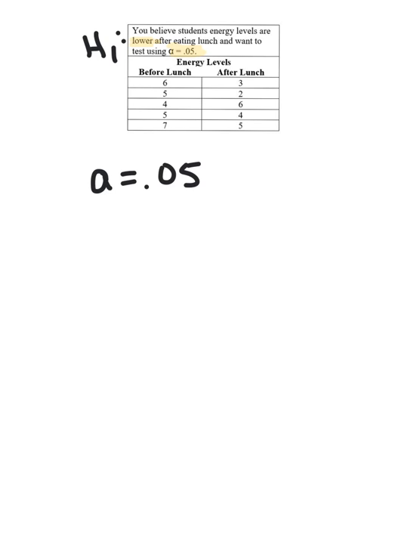Okay. Our critical value. Now, we're going to be using a different type of degrees of freedom. Yes, we have 2 different data sets, before lunch and after lunch, but these are on the same people. So we're testing the energy levels before eating lunch and then after eating lunch. So it's the same exact people.